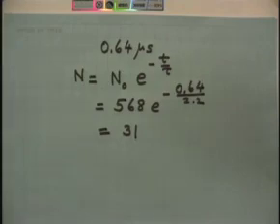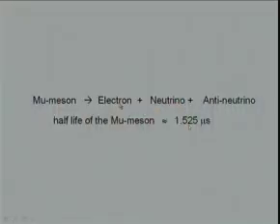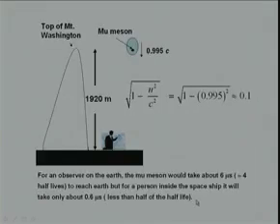So, let me go back to my slide. The mu-meson has a half life of about 1.525 microsecond. It disintegrates to an electron, a neutrino and an antineutrino. Here is the observer, let us suppose sitting on the ground. The experiment was carried out at the top of Mount Washington in the United States around 1938 or 39, and the height was slightly less than 2 kilometers, 1920 meters.